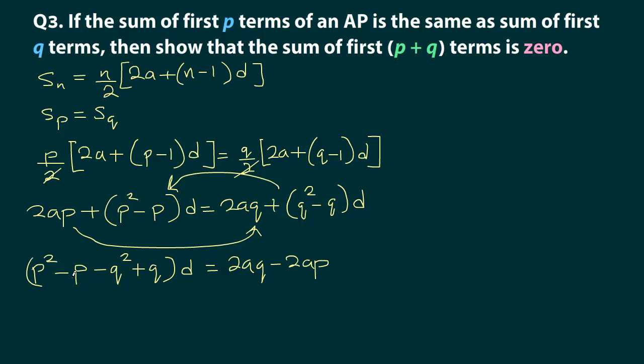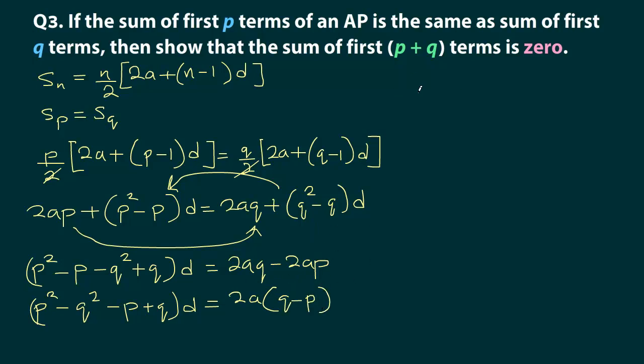Now from here we can rearrange this to say it can be written as p square minus q square minus p plus q, simply rearranging the letters, times d equals 2a, taking 2a common, times q minus p.